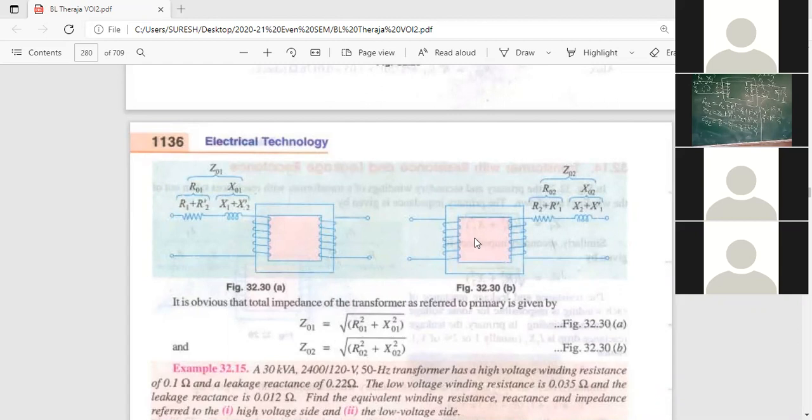We have converted them into secondary winding parameters, that is R02, X02, and Z02. So in problems, we can determine the equivalent circuit, either referred to primary or referred to secondary.